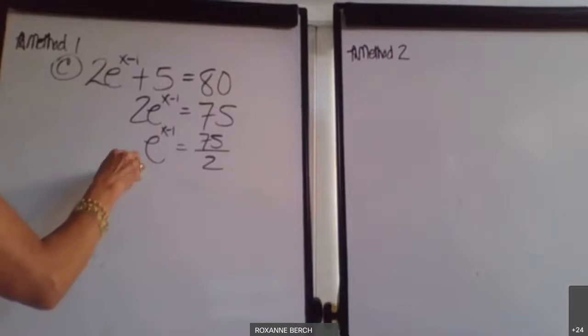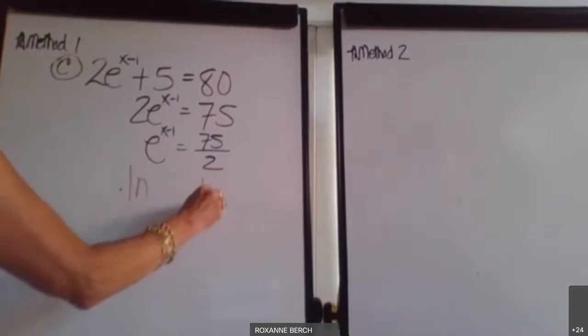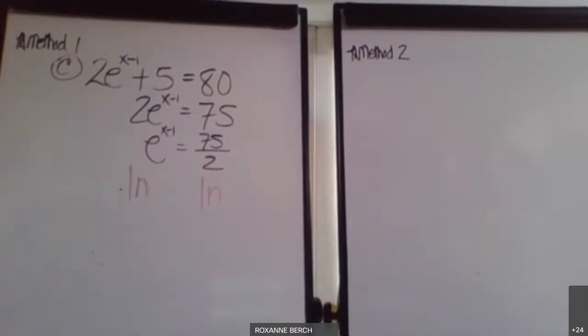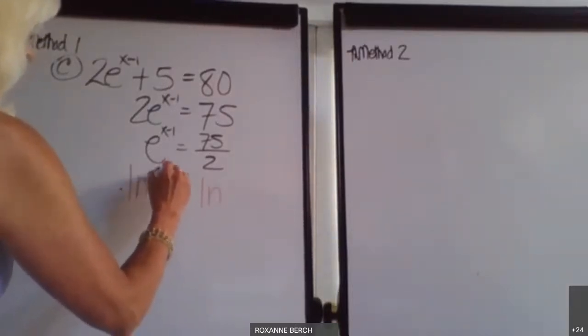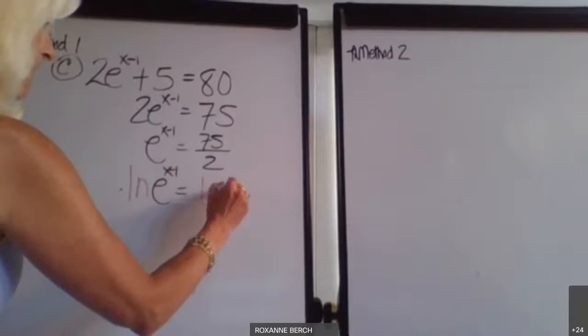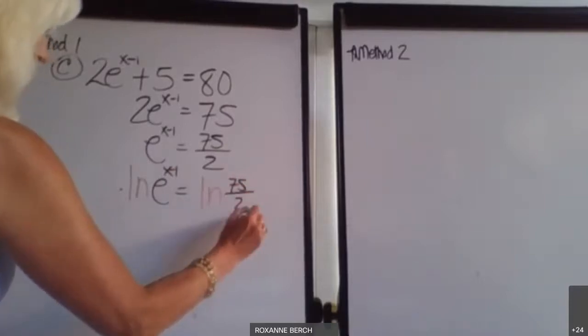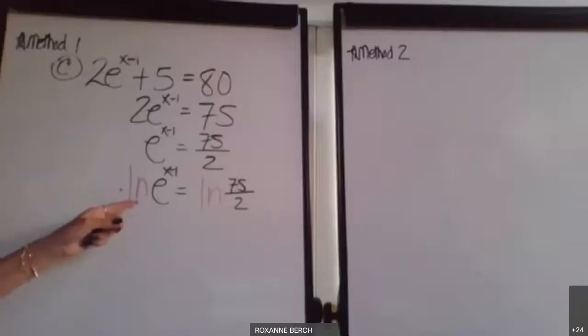Why are you taking a natural log to both sides? You get the x down? Right, exactly. So remember what this means. This means log base e of e. So log base e of e, who gets to come down? X minus 1.